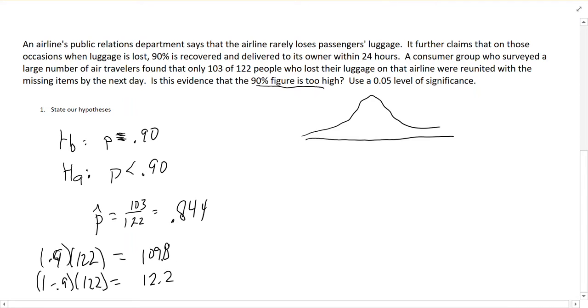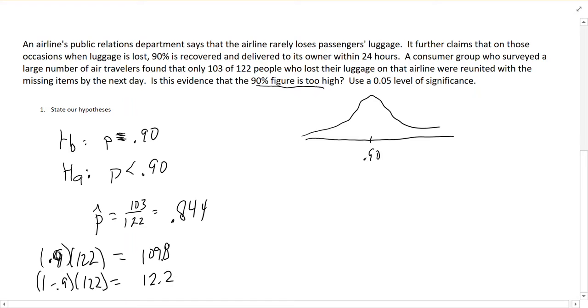So both those values are greater than 10, so I'm safe to assume a normal sampling distribution. I'm expecting at least 10 occurrences where the baggage was returned on time, and at least 10 where it was not returned on time. So we can do this normal approximation.